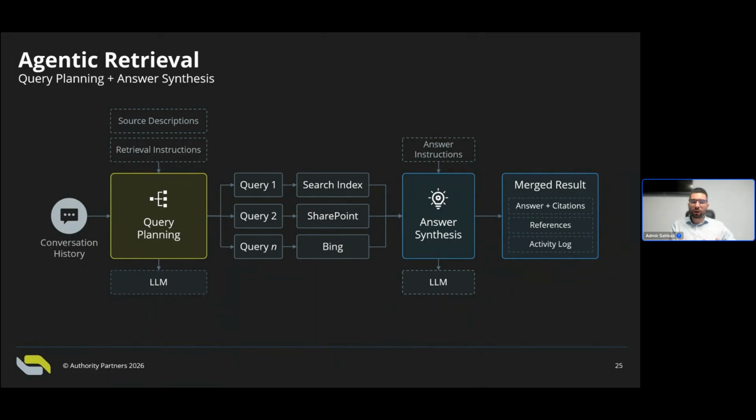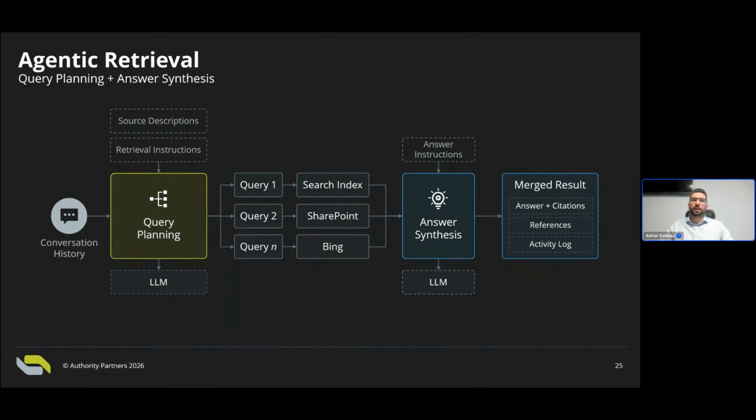If you remember from the beginning, I mentioned that we typically have that query rewriting step that aims to capture the conversational context. Agentic retrieval almost makes that step unnecessary, as a separate pre-processing step outside of Azure AI Search, because it can now accept conversation history and understand that context itself.